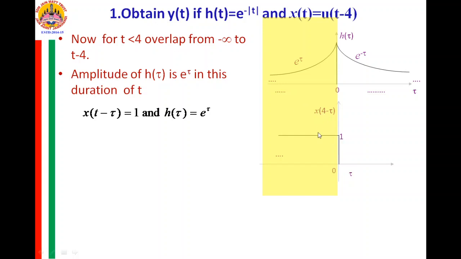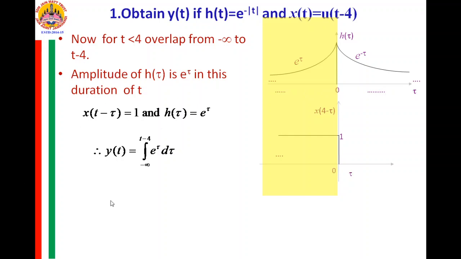Up till this, the overlap is from minus infinity to t minus 4, and h of tau has only one amplitude. Beyond this, if you shift h of t minus tau towards the right side, you observe that h of tau has two amplitudes. One amplitude from minus infinity to 0 and the other amplitude from 0 onwards.